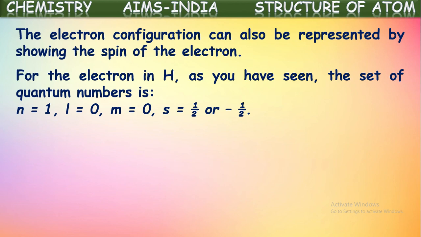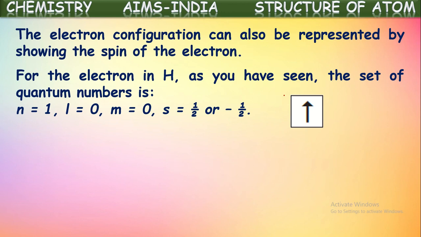For the electron in hydrogen, as we have seen, the set of quantum numbers is 1, 0, 0 and plus half. It may be taken as minus half or plus half as there is only one electron. These are the set of quantum numbers for the single electron in hydrogen. This can also be represented by using a diagrammatic symbol like this.